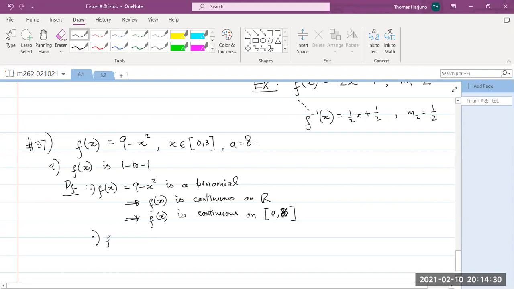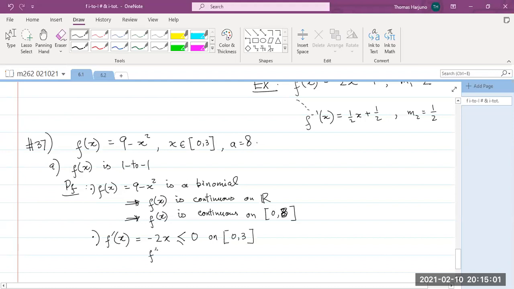Second, the derivative of the function is negative 2x, which may be positive, may be negative, but this will be negative or 0 on that interval 0 to 3.